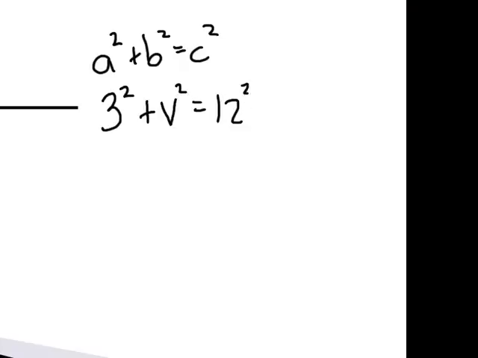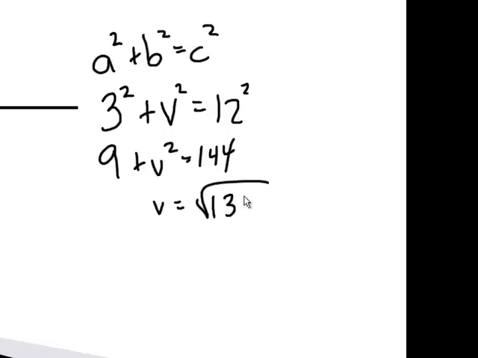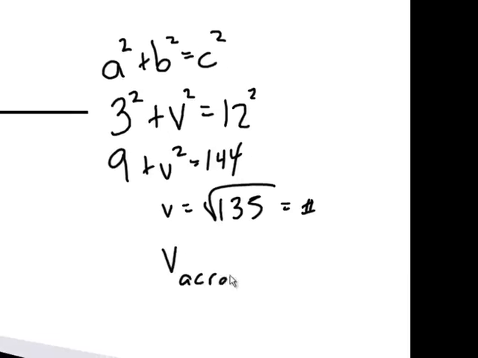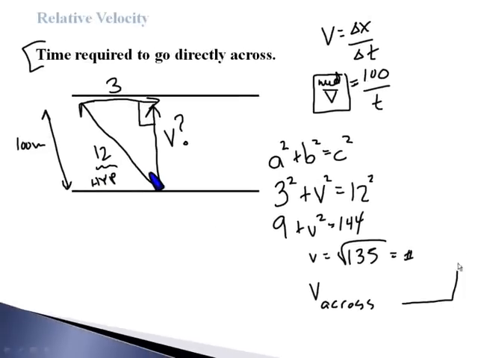Notice that this is now the hypotenuse, because my 90 degrees is right here. So I get 9 plus v squared equals 144. So I get a velocity of the square root of 135, which is a number. This is the velocity going across the river. So could I use that velocity, plug it in here, solve for time? That's it.